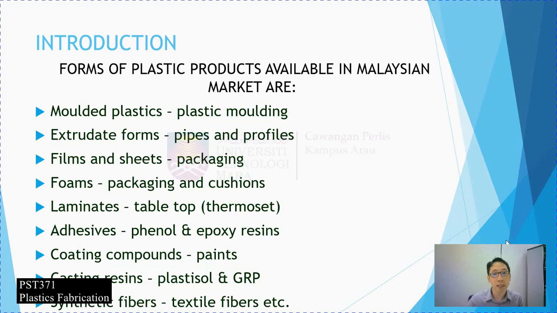And then we have adhesives such as phenol, epoxy resin, etc. Adhesives are usually used in many assembly processes, where you assemble two parts, three parts, and so on. And some are used in the painting industry to adhere the polymeric material to other materials.